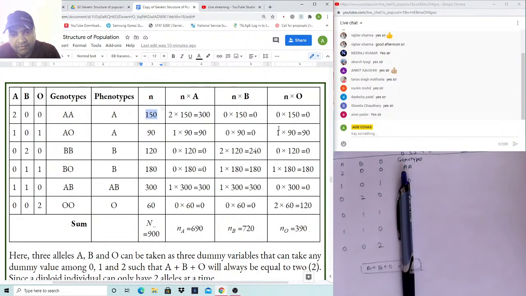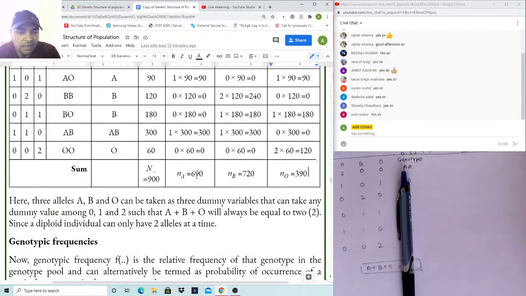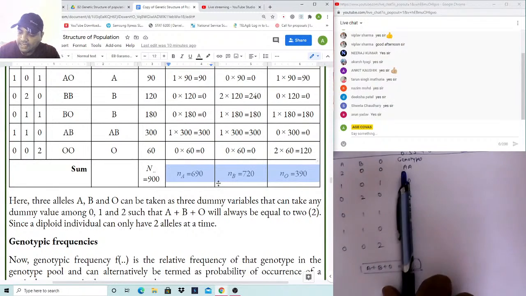When we multiply, we find that the number of O alleles in the population is 390, right? Similarly, if we add all these, you will see that it will be twice the n dot dot, that is, it will be equal to 1800.